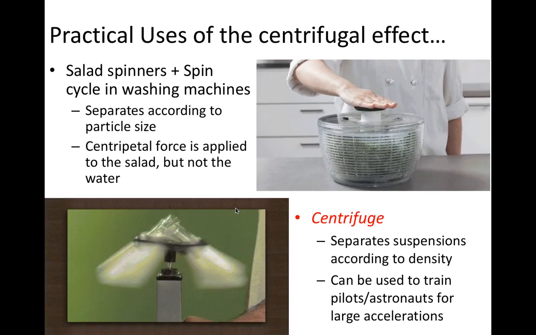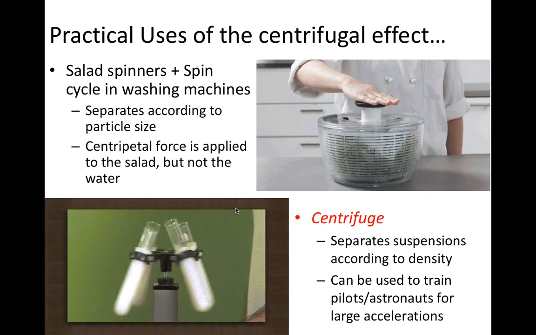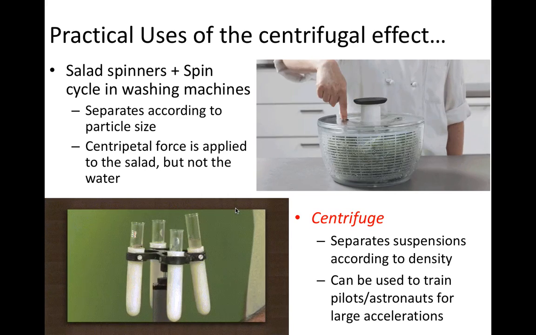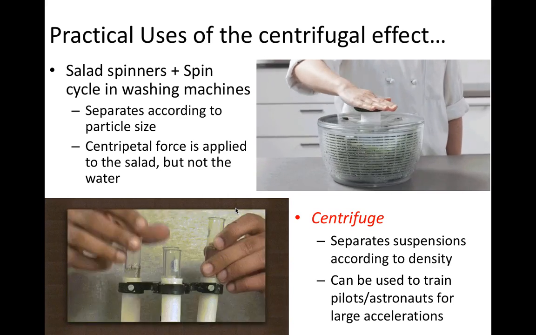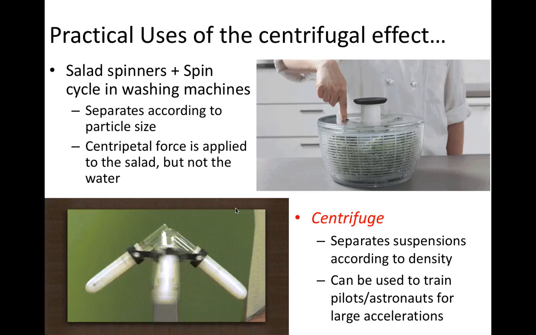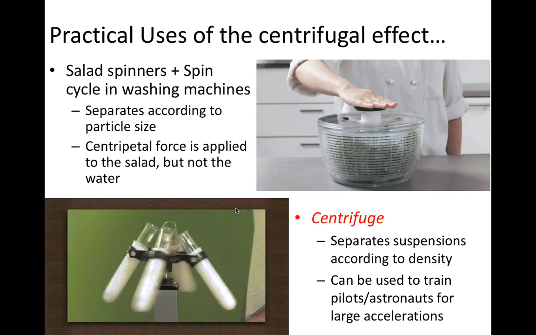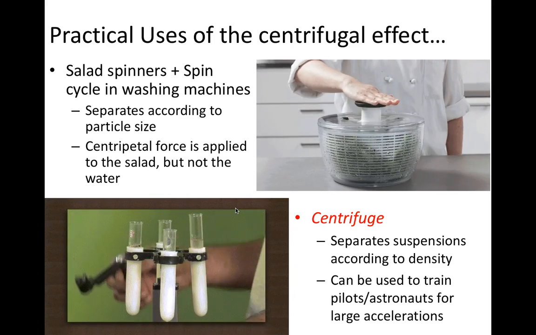There's also this handy device called a centrifuge, and centrifuges are used to separate a suspension, which is a mixture of usually some solid-ish particles and some liquid. The centrifuge will increase the rate that the suspensions separate.